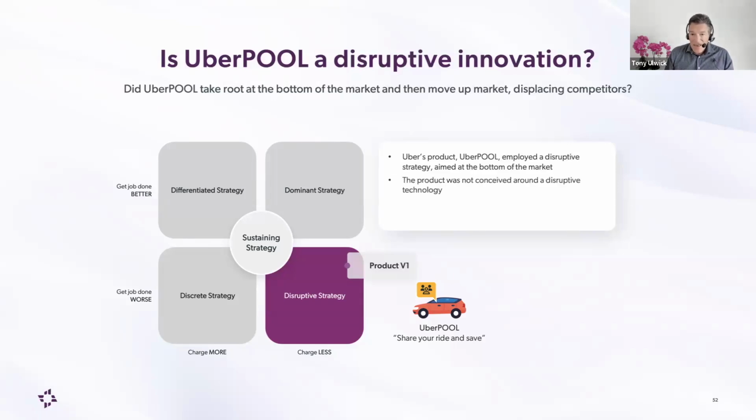But the product is not conceived around a disruptive technology. You can't take that concept and keep moving it up market. Right? It's always going to be a far worse solution. It's not going to get better and better because you're pooling people, right? So the mechanism for moving up market isn't available, which means that Uber Pool is not a disruptive innovation.